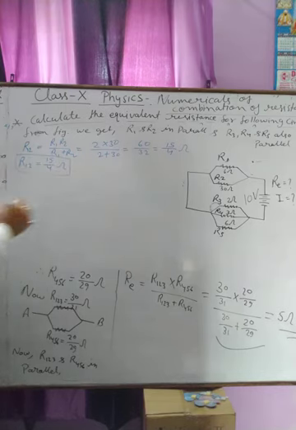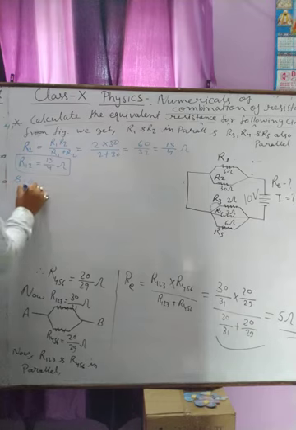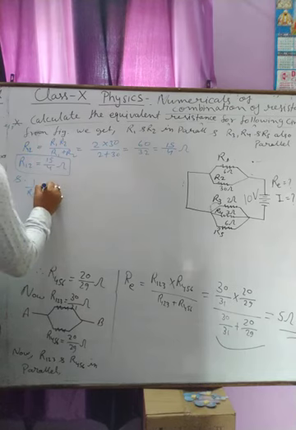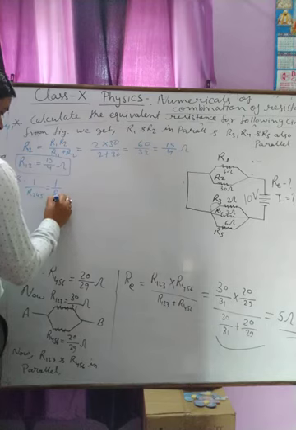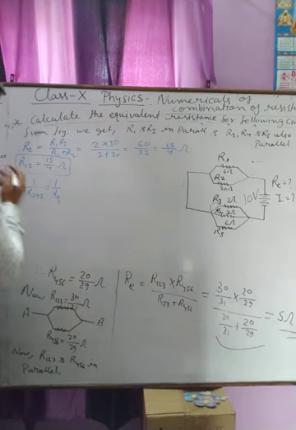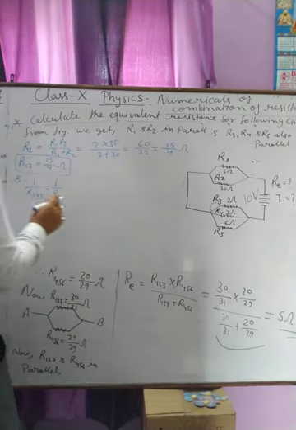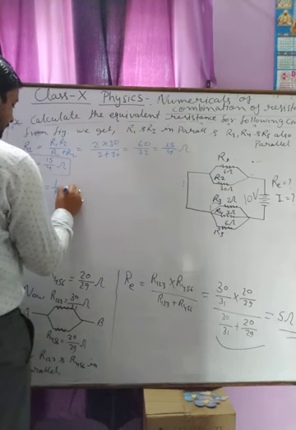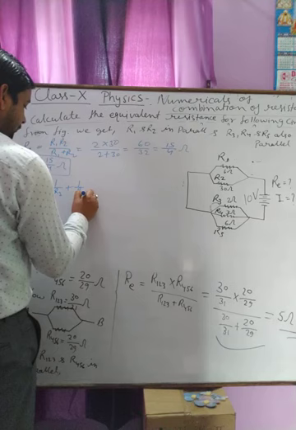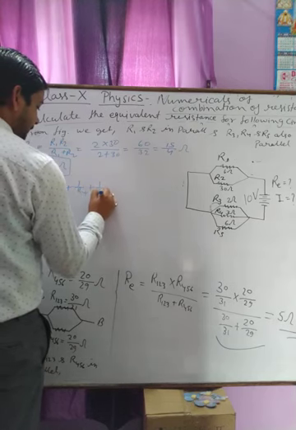This is first, and R345 we name it RP1. Okay, R3, R4 and R5.